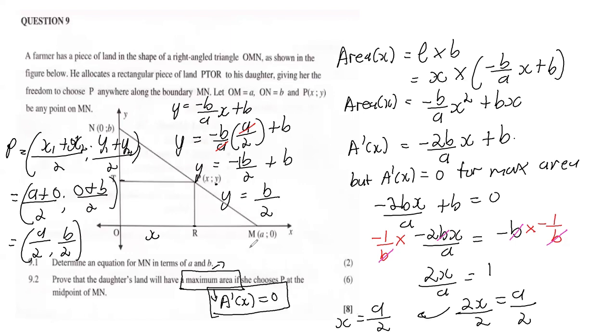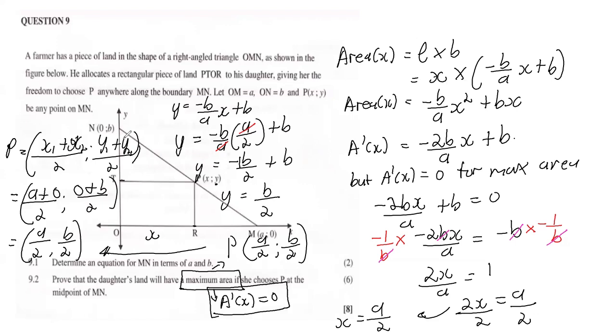And then which fits our coordinates P. Our coordinates P is a over 2, b over 2, which is the same coordinates we would get if P were the midpoint of line MN.